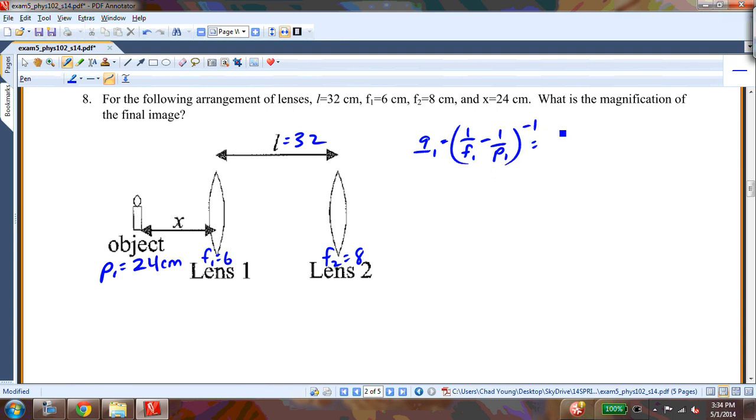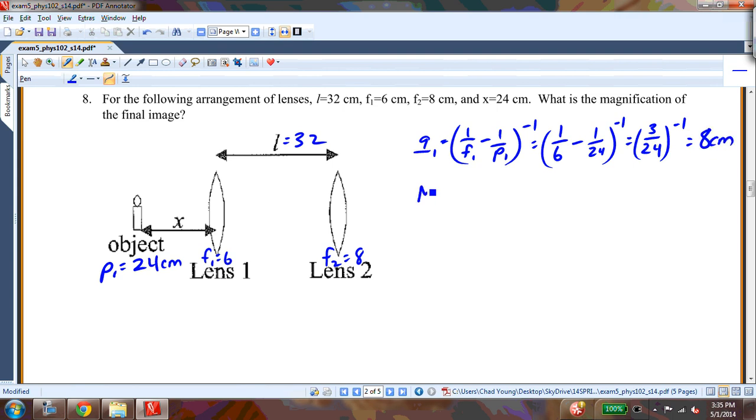That's 1 over 6 minus 1 over 24. That's 4 over 24 minus 1 over 24, which is 3 over 24. 1/8 inverse is 8 centimeters.